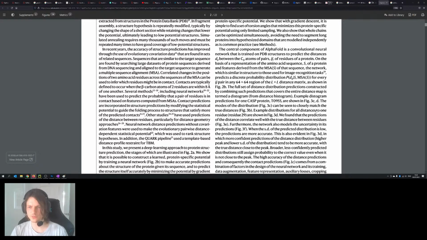No, they're not. We found that the predictions of the distance correlate well with the true distance between residues, figure 3e. Furthermore, the network also models the uncertainty in its predictions, figure 3f.